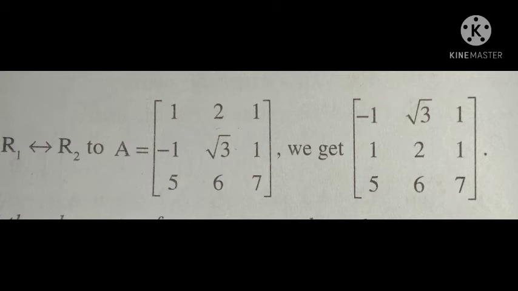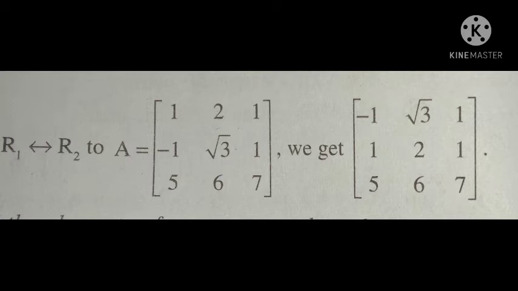That means I am going to write R1 as R2 and R2 as R1. So the resulting matrix is minus 1, root 3, 1, 1, 2, 1, 5, 6, 7. Is that clear? In this matrix I changed R1 as R2 and R2 as R1. So that is the first transformation, interchange of any two rows or two columns.